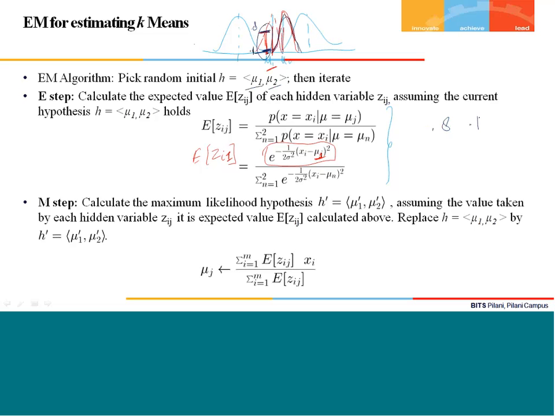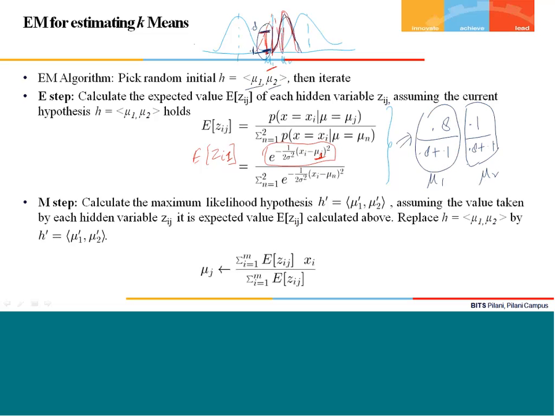Now I just normalize it: 0.8 divided by 0.8 plus 0.1, and 0.1 divided by 0.8 plus 0.1. So this is normalization. It says out of 100, how much belongs to mu1, and out of 100, how much belongs to mu2. It gives me something out of 100, in terms of probability or expected value.